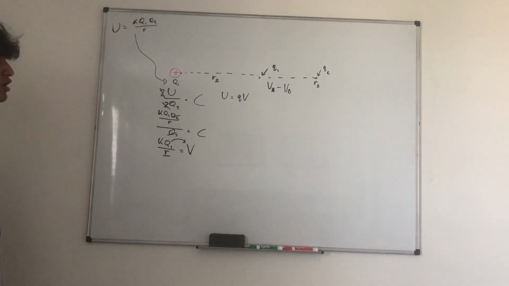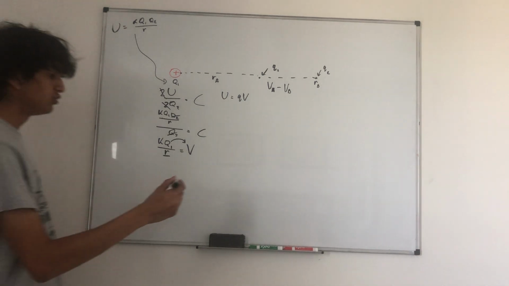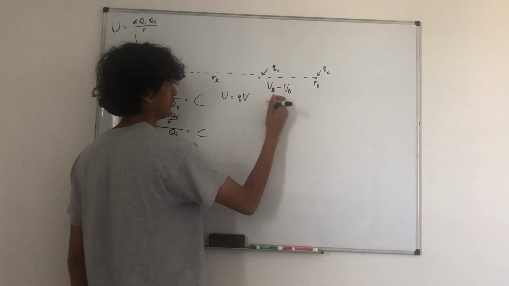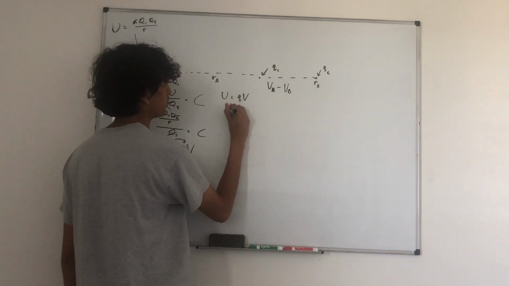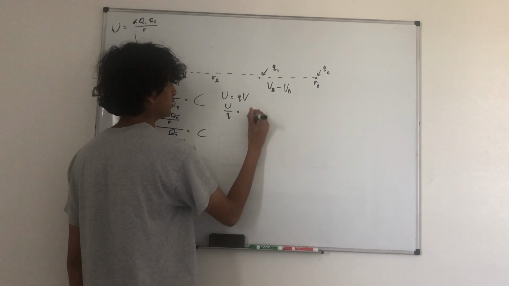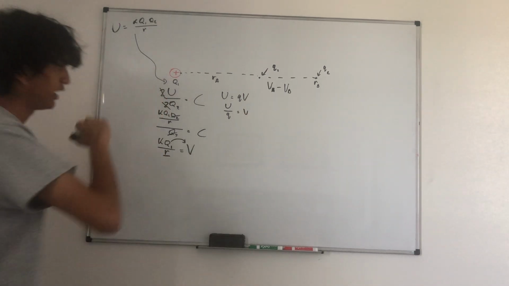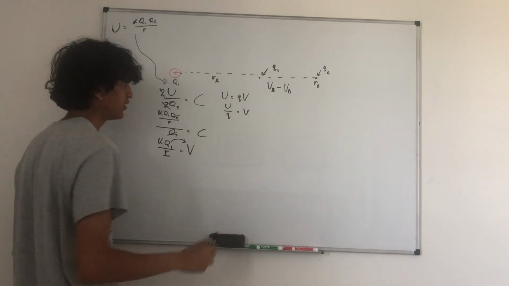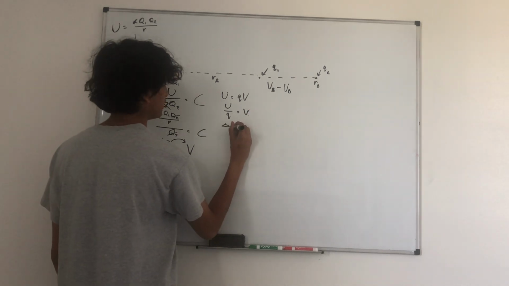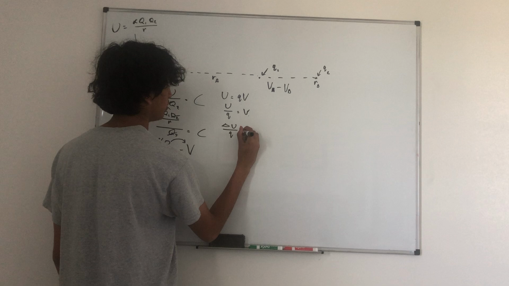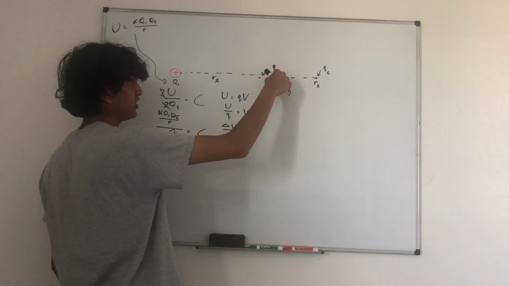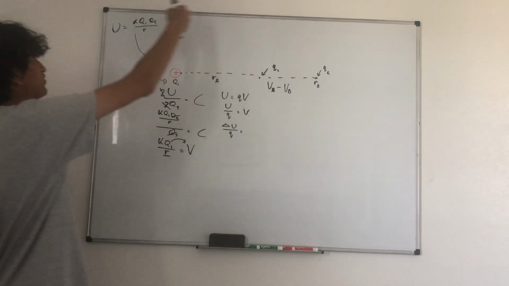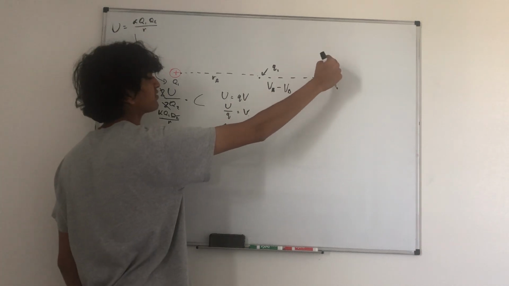Well, what I know is that U over Q is going to equal the potential at that certain point. So if I do the change in U, the change in potential energy over Q. I know the potential energy changed because we can also use this equation. There's less potential energy here because there's less potential.